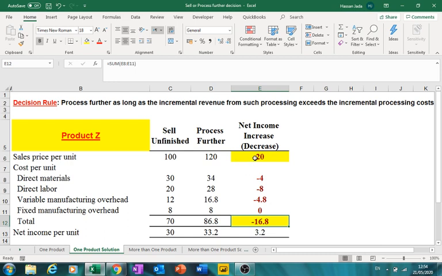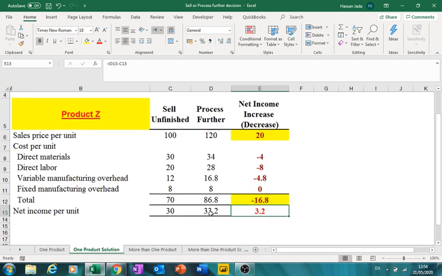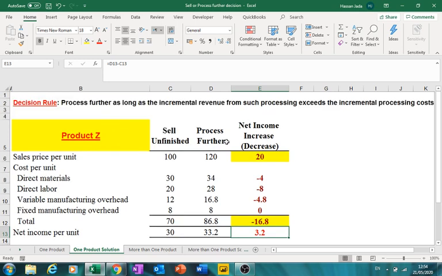Then the additional revenue exceeds the additional costs, so we have additional or incremental net income. Then we can say, go ahead and process further. We must process product Z further in this case.